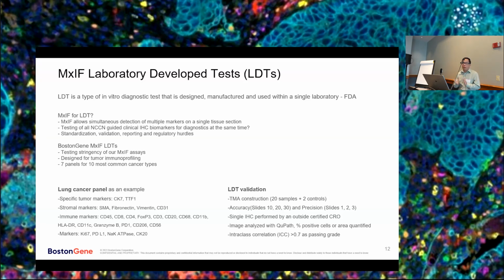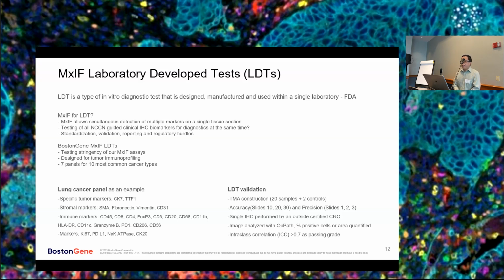Remember, for all the markers included, we'll have to do a single IHC for validation. So over this distance, there might be changes in the tissue structure. That's why we have 3 slides included here. And for single IHC to compare with, we will compare that to the nearest MxiF slide, one of the 3.